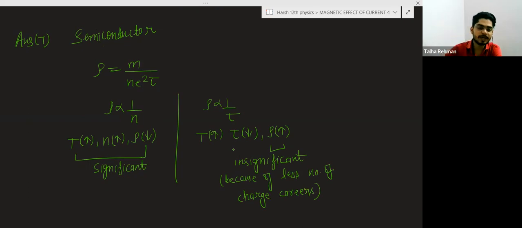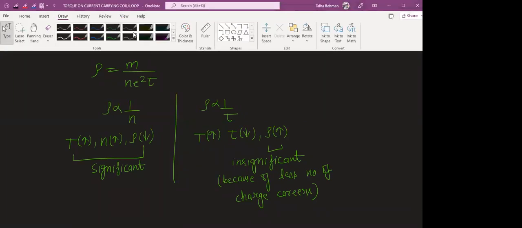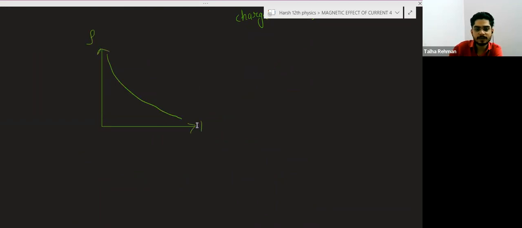When you plot the graph, it will be a rectangular hyperbola like this. Here you will have the resistivity, and here you will have the temperature.